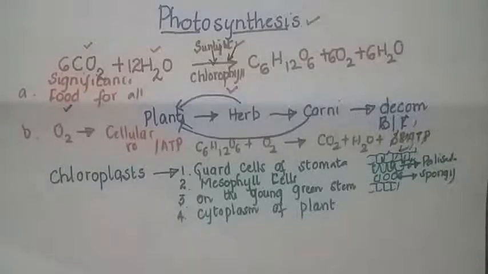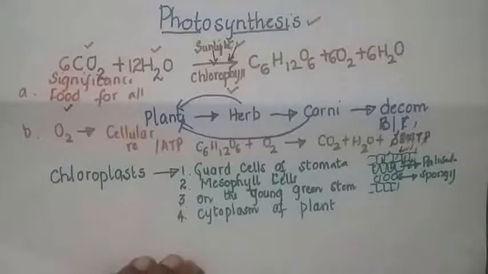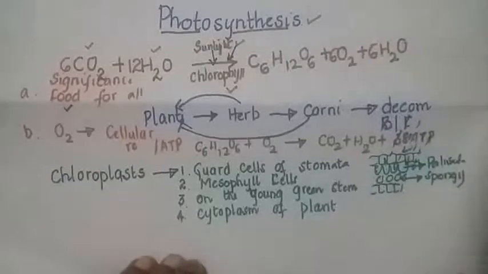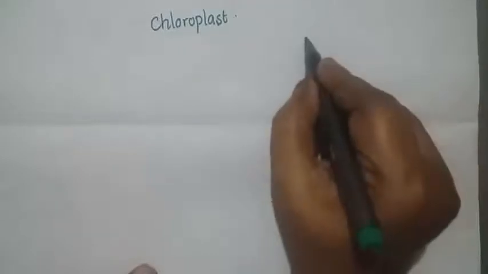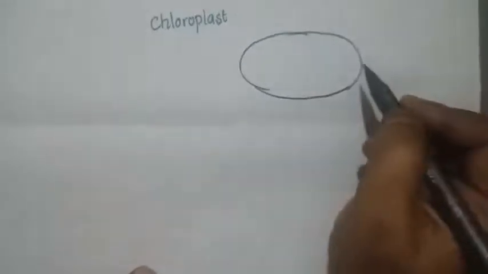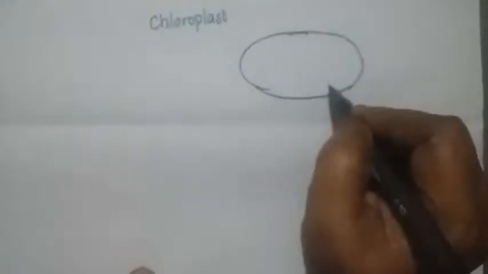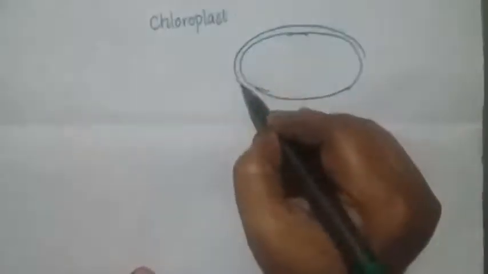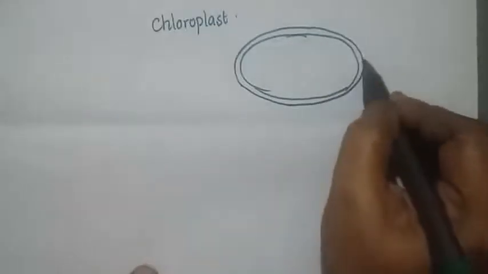Let us study the structure of the chloroplasts. As I said earlier, chloroplast is a minute, oval-shaped structure, and this cell organelle is a double membranous cell organelle.